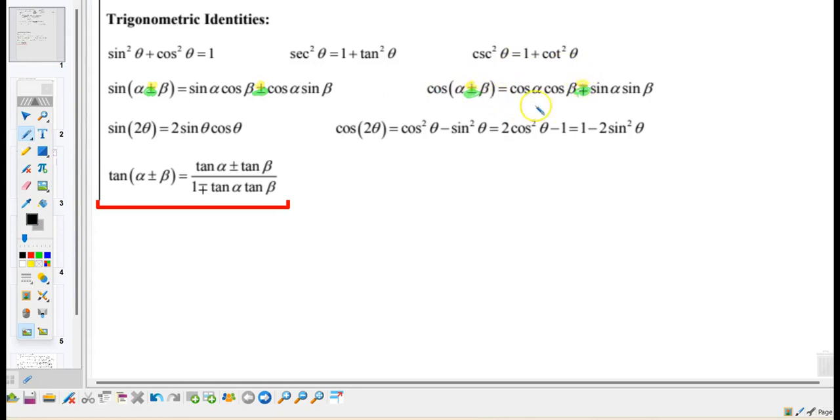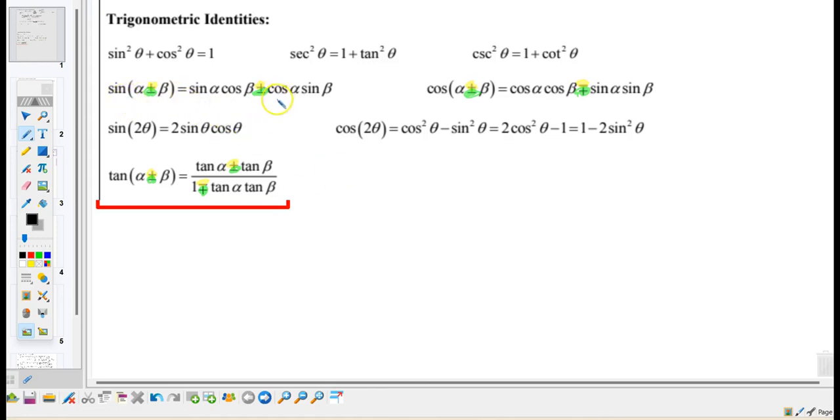Positive goes to negative, negative goes to positive. And then tangent, if there's adding between the angles, in the numerator there's adding, but in the denominator there's subtracting. If we subtract angles, then we've got subtracting and then adding. So this is 6 different formulas condensed, written as 3 with that plus or minus notation.